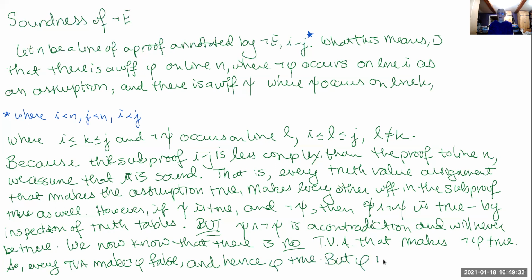But phi is the well-formed formula on line n, and what we wanted to prove is that if everything that we have done in the proof so far, including the subproof from not phi to the contradiction, is sound, then our application of negation elimination will also be sound, that is truth preserving, that is our formula phi will be true. So, QED.